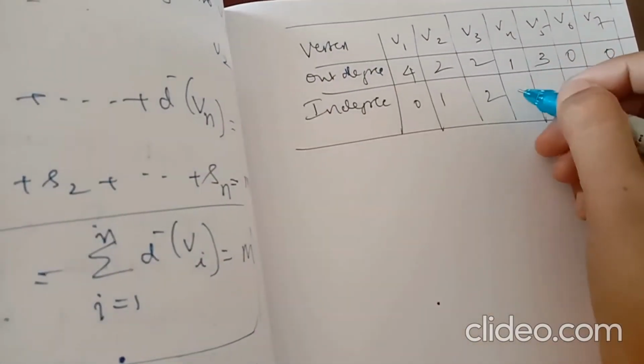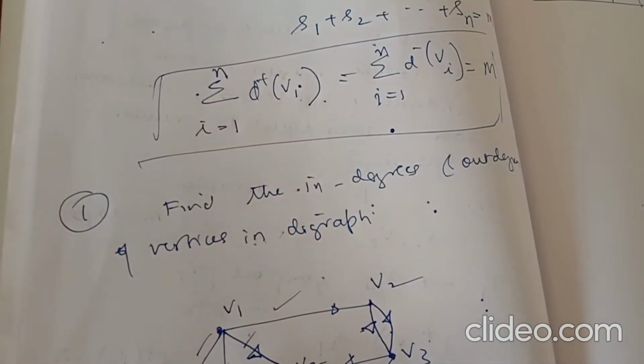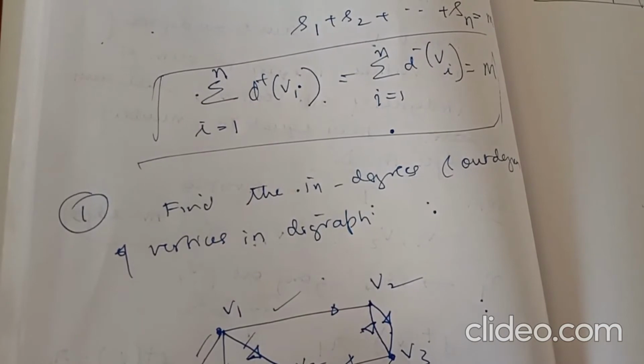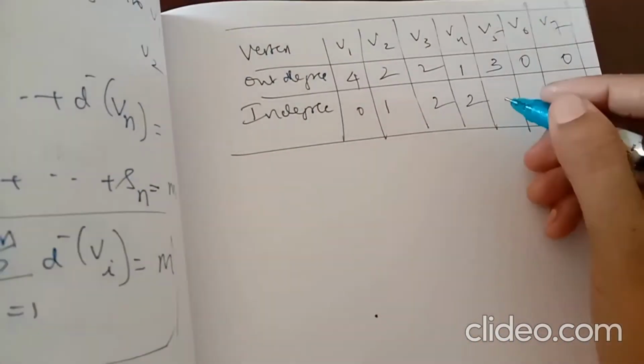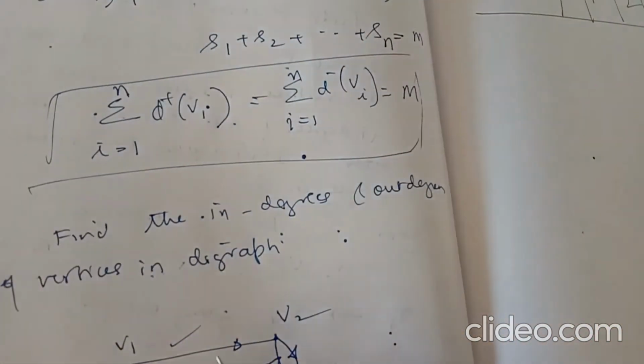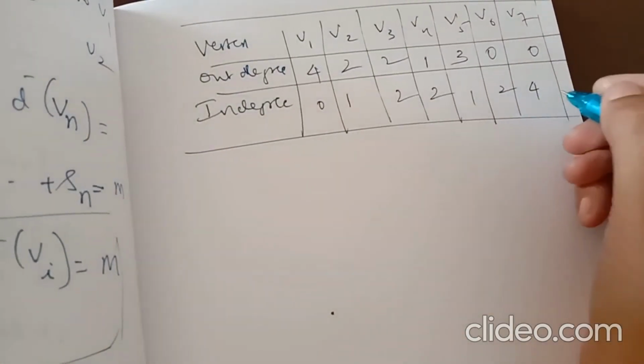Again 2. How many edges are reaching vertex V5? This is one edge, right? Do we have any others? No. How many edges are reaching vertex V6? 2, right? So what is the in degree of V7? 1, 2, 3 and 4. 4 edges are reaching vertex V7.